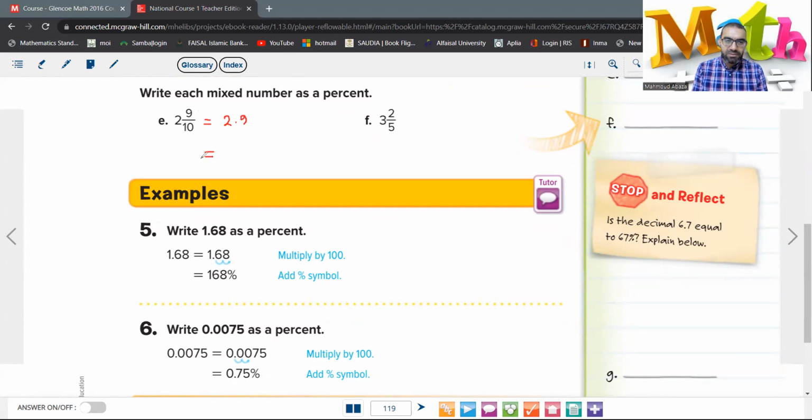Now, to make it a percent, we have to multiply by 100, means we move the decimal point to the right 2 places. We don't have enough places, so we will put here 0. So this will be 290%.